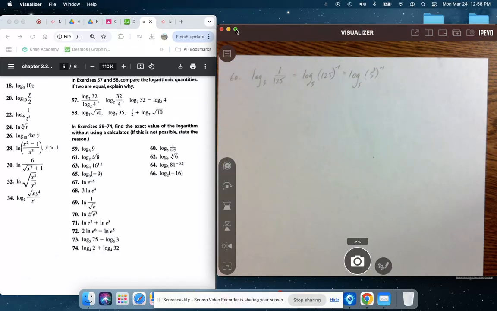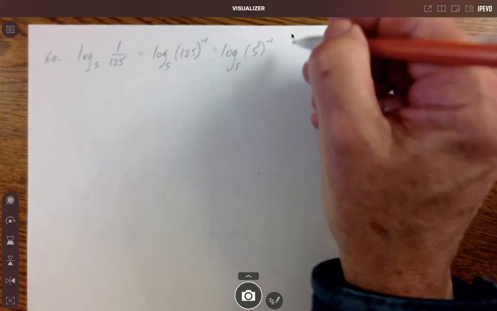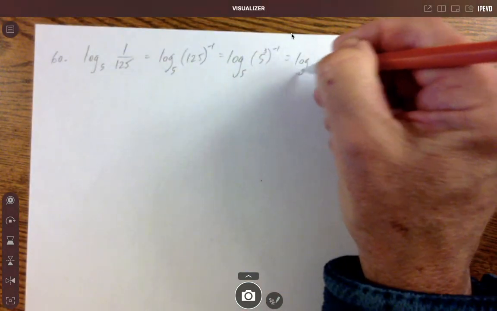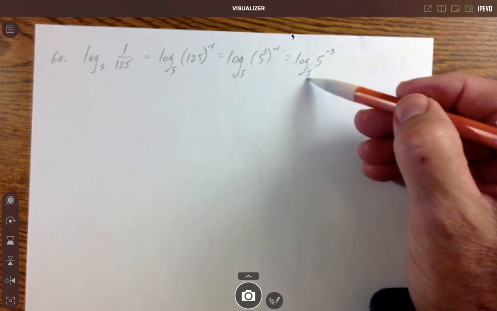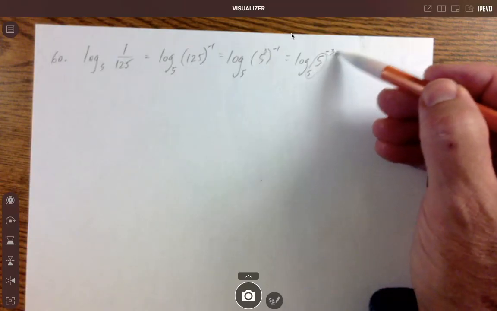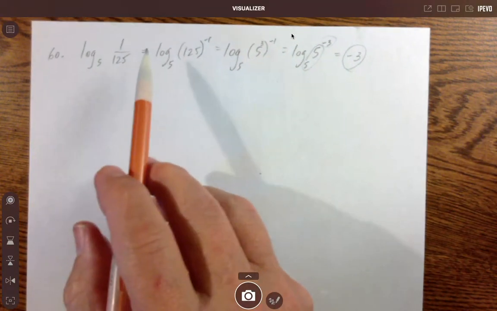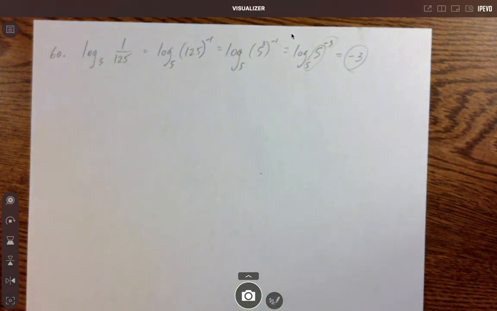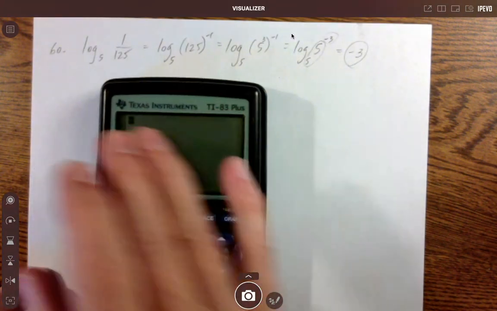And then I'm allowed to multiply those, so this is log base 5 of 5 to the -3, and then remember that rule: if these are the same, then the value of this whole thing is just equal to the exponent, so this is -3. So log base 5 of 1 over 125 is -3, and we could confirm that by putting it in our calculator here.